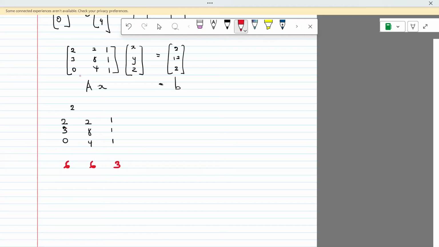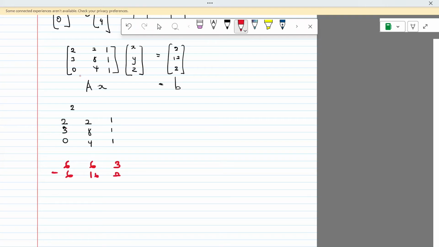And then this, when we multiply it by a 2, we have a 6, and this becomes 2 times 8, that's a 16, and this is a 2.